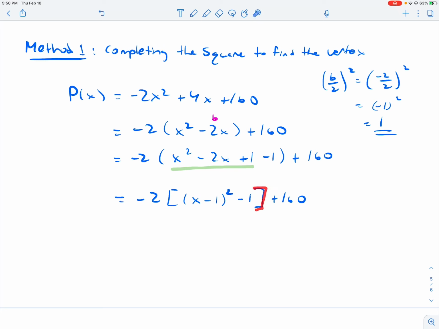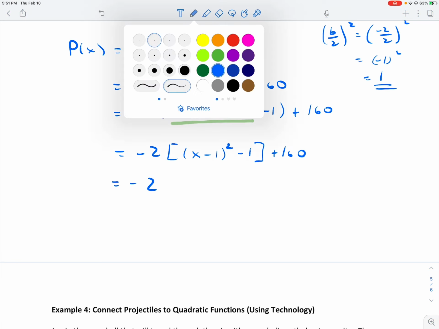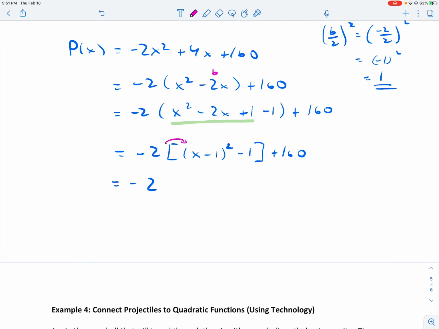Really important to keep the square bracket in here because we can't just take this negative 1 out without multiplying it by the negative 2 first. So that's what we're going to do in this next line. We'll actually use a round bracket here. So let's just draw this like this.